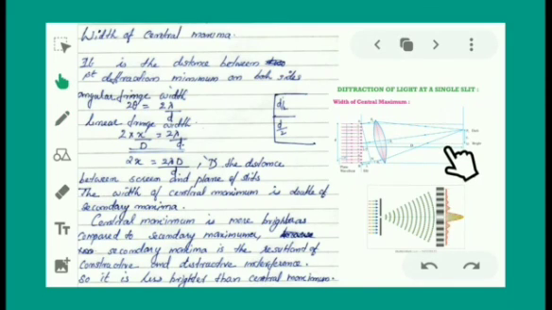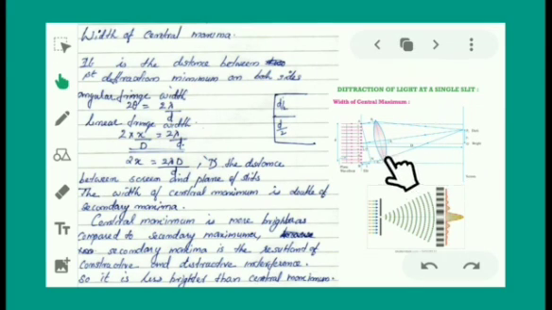Next, what is the width of the central maximum? The secondary minima are there on both sides. That means the distance between the two consecutive secondary minima is the width of the central maximum.